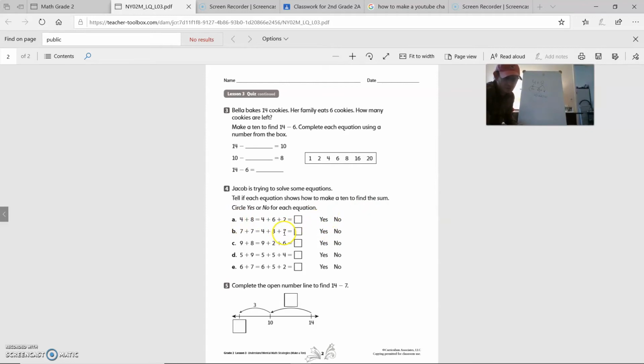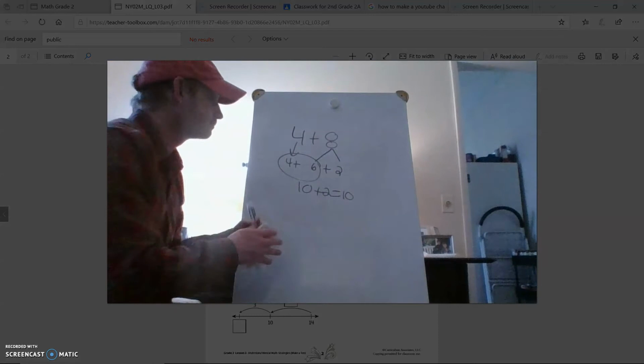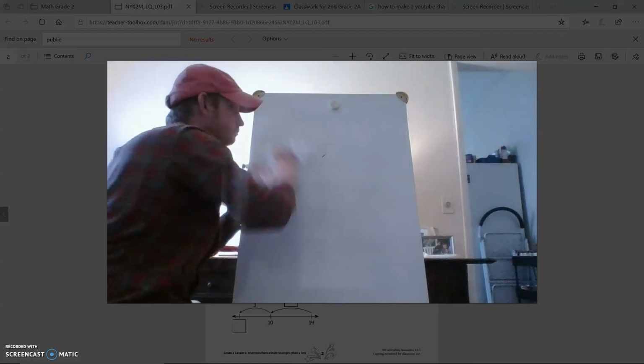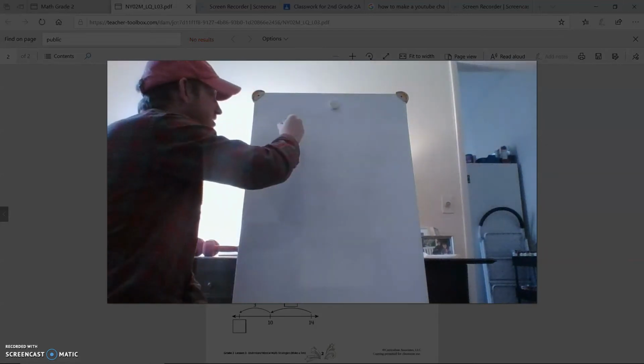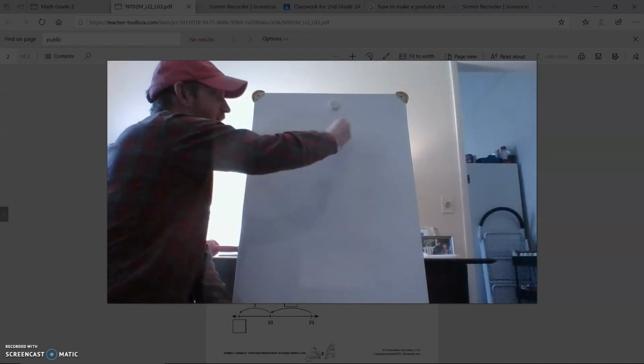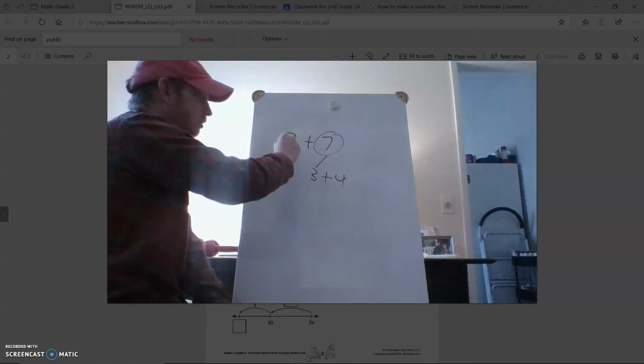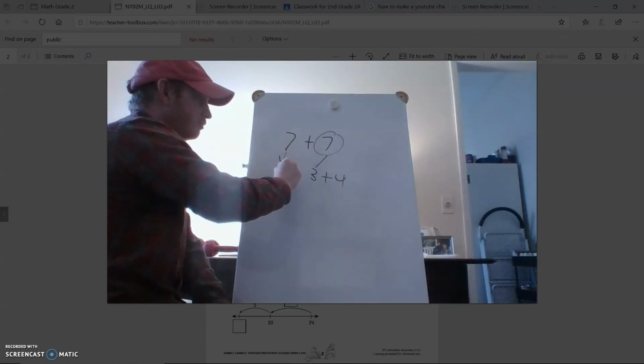Moving on to B. We have 7 plus 7. 7 breaks out into 3 plus 4. Move this one down.